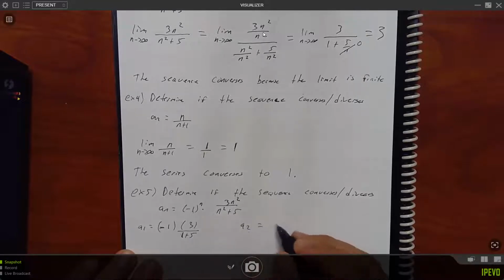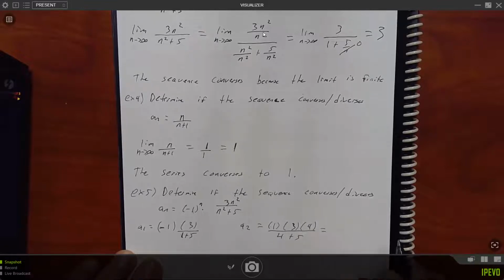A2 will be (-1) squared, so that'll be a positive 1 times 3 times 4 over 4 plus 5, right? But do you see the problem?